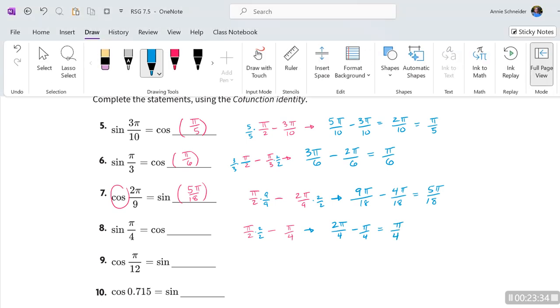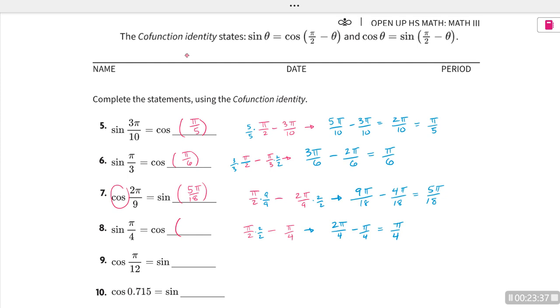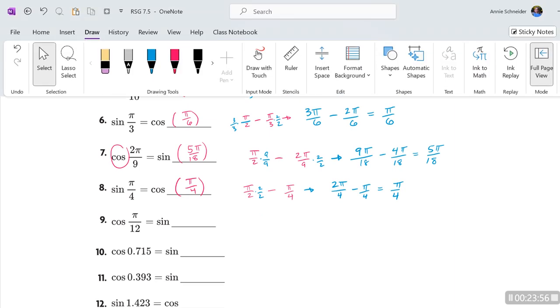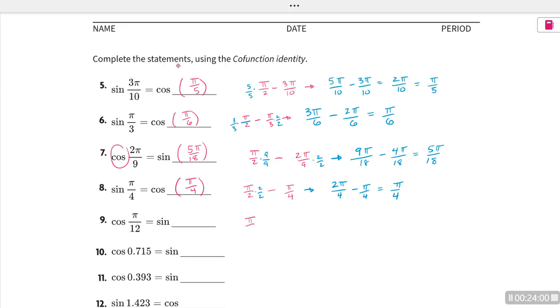In this one, we probably could have done it logically, without having to do the addition or subtraction, because remember, that's the 45, 45, 90 special right triangle, where the sine and the cosine values are the same. So sine of pi over 4 is always going to equal cosine of pi over 4. Now, it's not true if I have negatives involved, because then the signs are off, but where it's positive, those ones are the same.